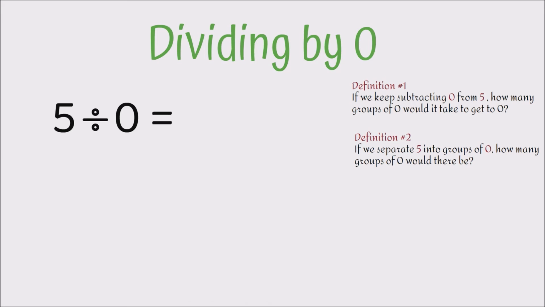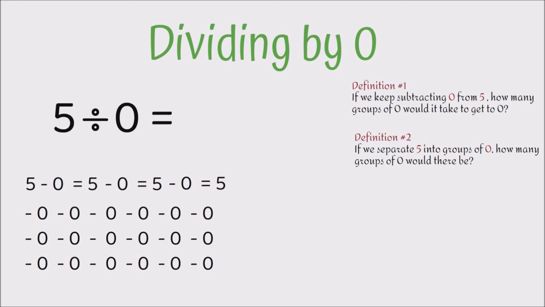How many times can we subtract 0 from 5 until we get to 0? That doesn't seem to be working either, because subtracting 0 from 5 is always going to leave 5, so we'll never get to 0.